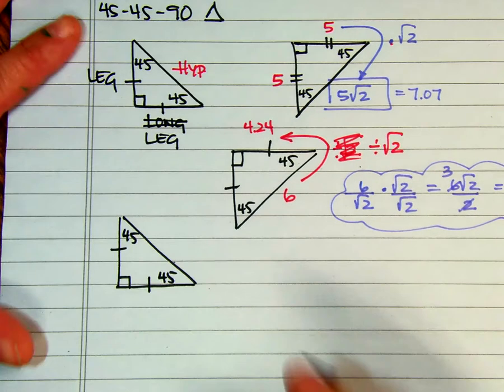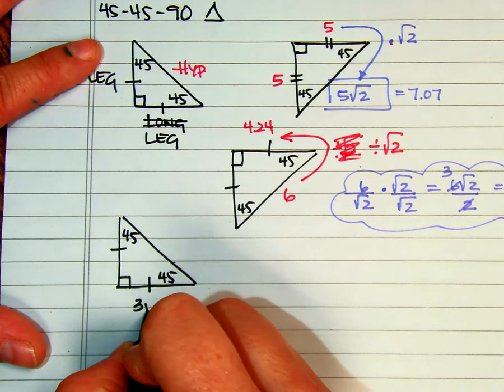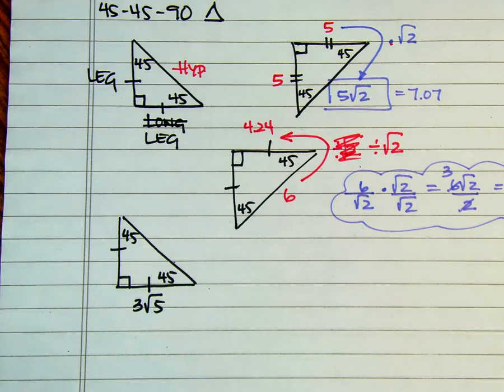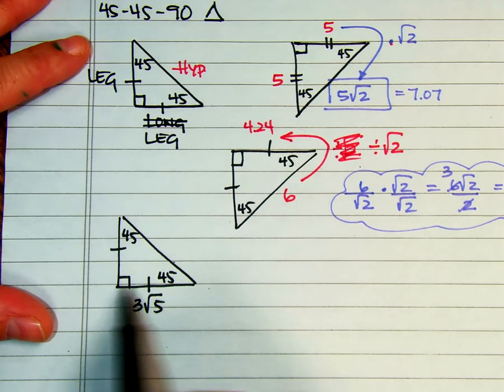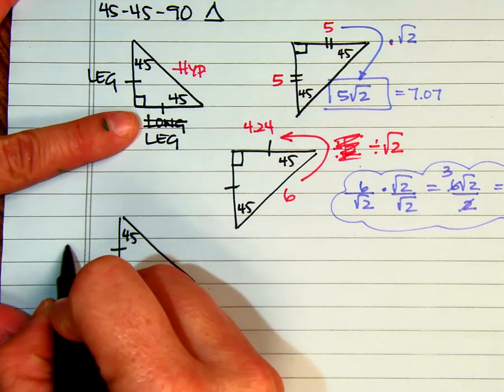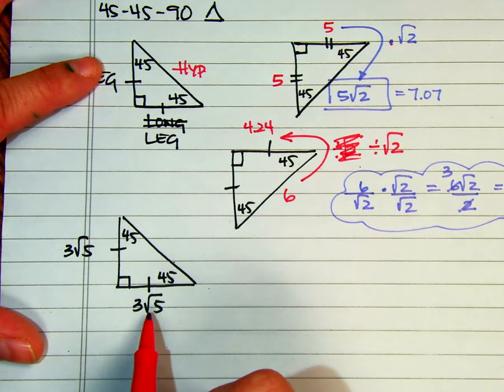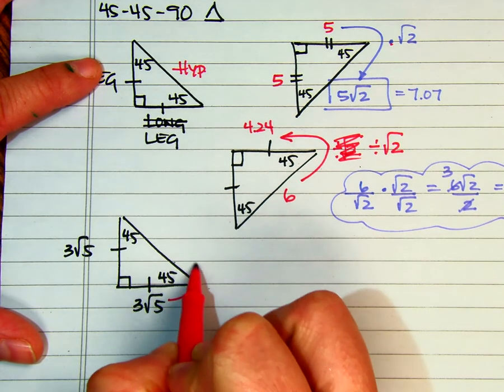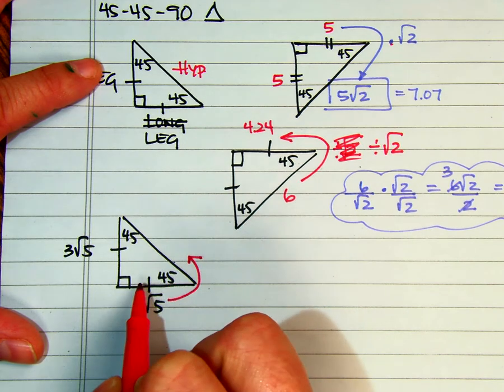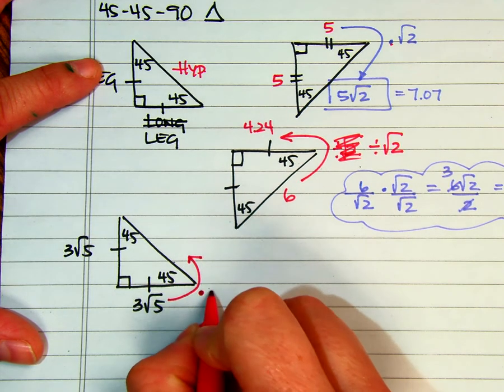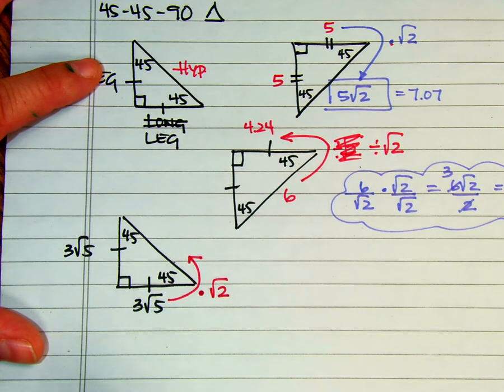So I'm going to give you a measure of 3 radical 5 as one of the legs. So if this leg is 3 radical 5, then this leg must also be 3 radical 5. So from the leg to the hypotenuse in a 45, 45, 90, I have to take that times radical 2.